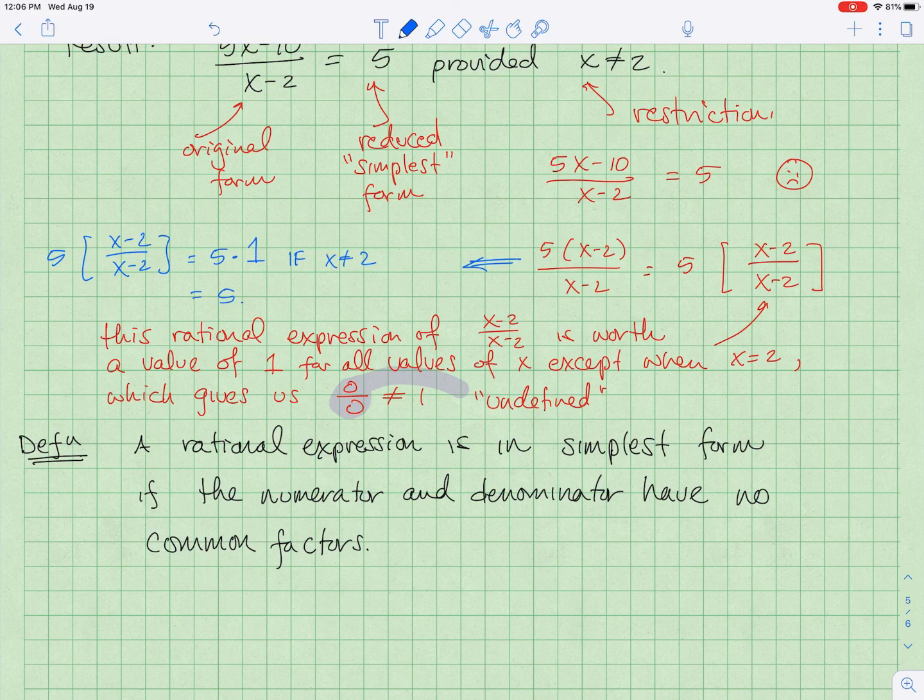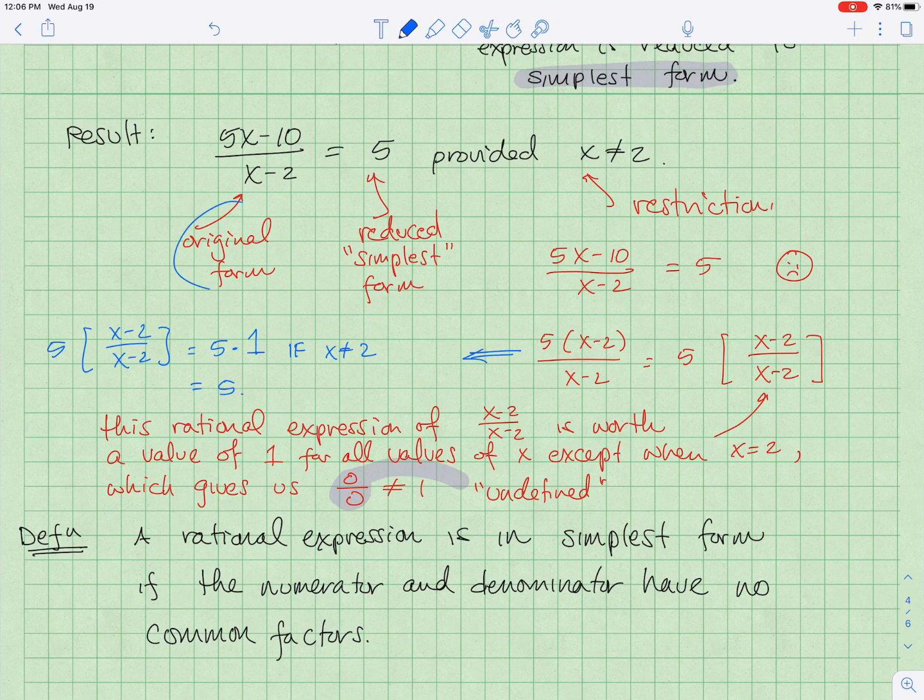So that's why we have the variable restriction. That's why we find out what the variable restriction is first in the original form before we simplify, because we could lose some of that restriction in our simplified expression. And it really turns out that saying the left side is equal to the right side isn't true unless you state that restriction.